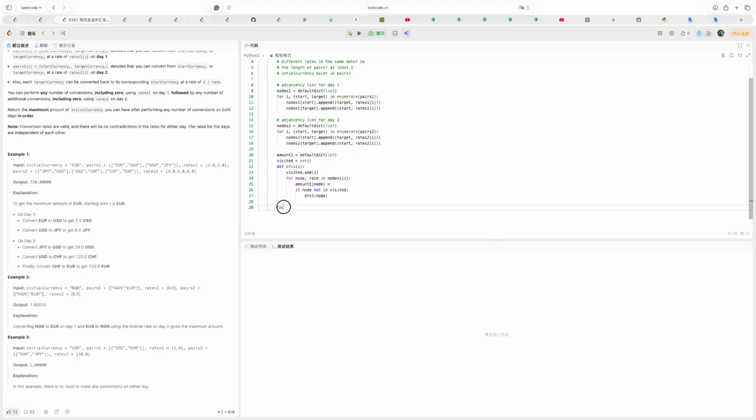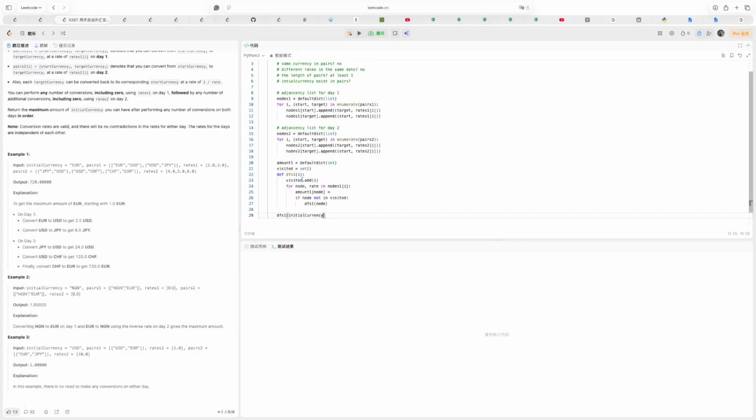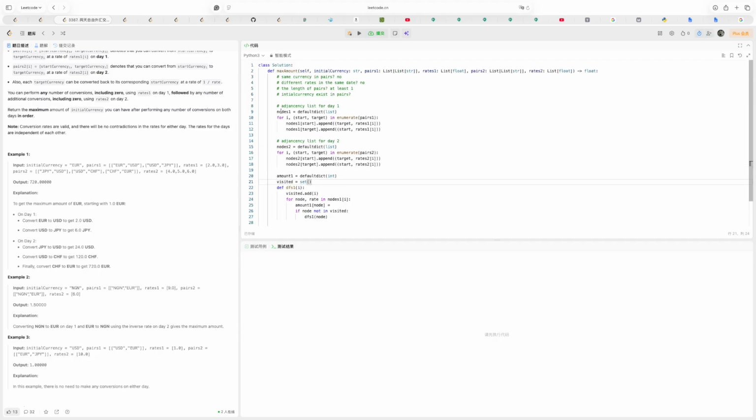So start from euro, so we will have DFS 1 with the initial currency, and so the initial currency will be here, and then added to the visited set. So for node, rate in the nodes in the adjacency list, for example we will have USD with rate 2.